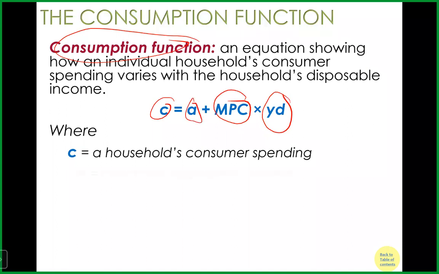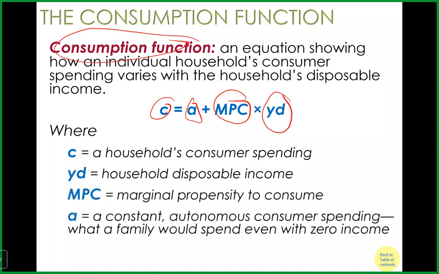A is a constant, and it's called autonomous consumer spending. Furthermore, A is the amount you're going to spend if YD equals 0. How do we interpret this A?